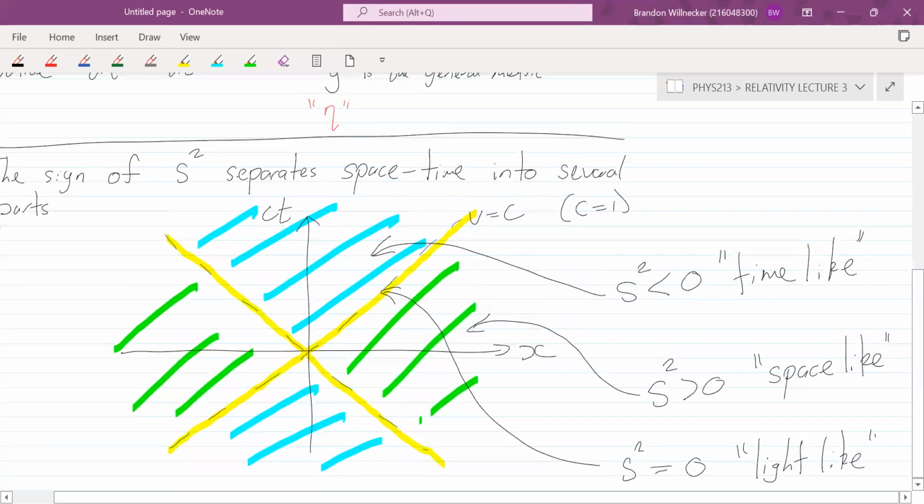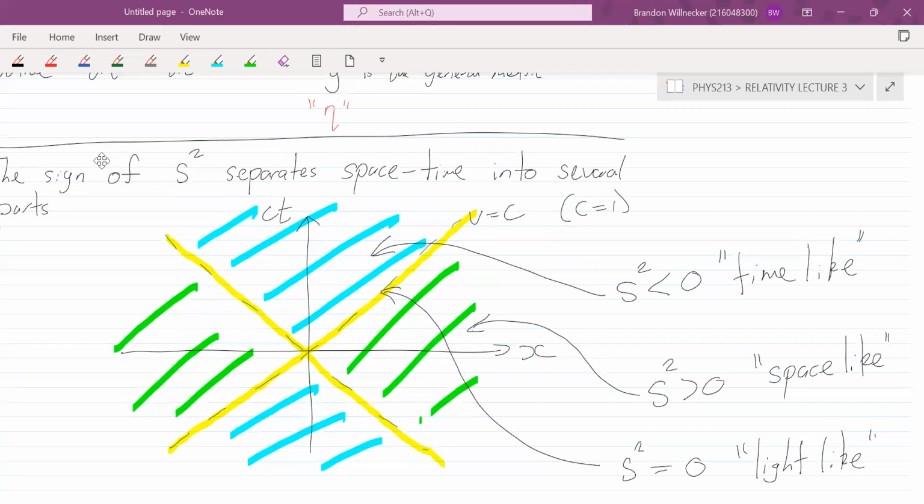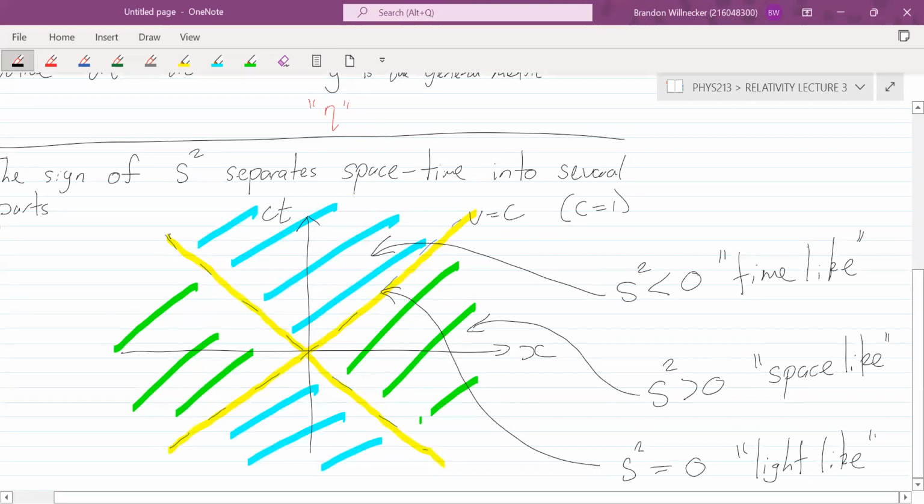And just a bit of terminology. If this was in a higher dimension, of course, we can't draw much on a 2D piece of paper since we're working with 4D space-time. However, if you imagine this in more than 2 dimensions, what we will get is the following.